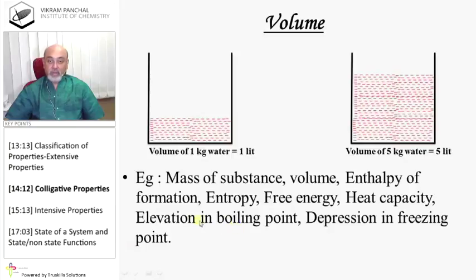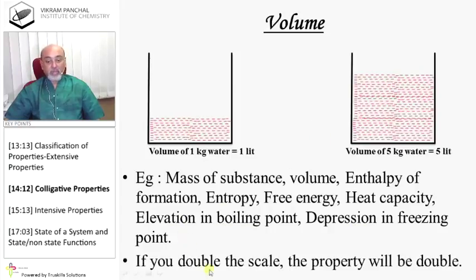And these are colligative properties, meaning properties that depend on number of particles, number of solute particles. So they depend on mass, and therefore these are known as extensive properties. If you double the scale of any one of these, the property will be double. That is the criteria to find out whether it is extensive or not.